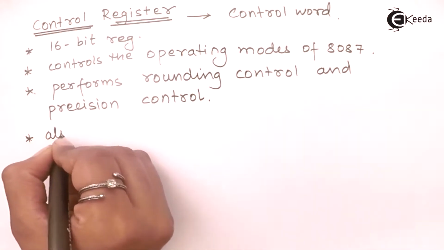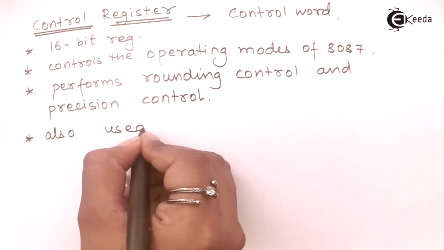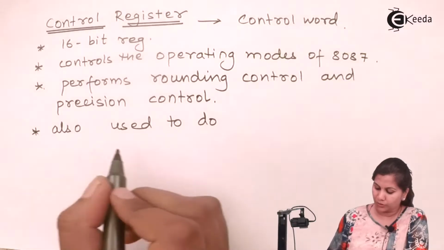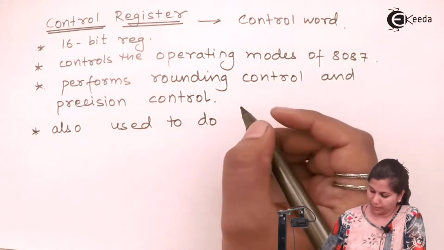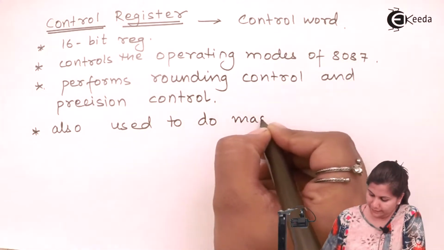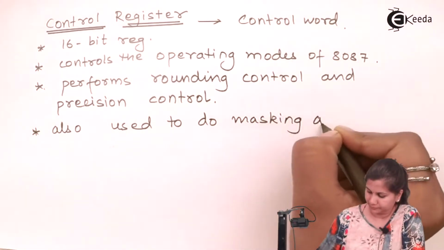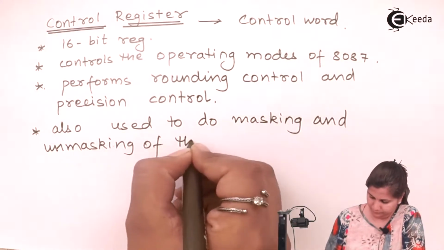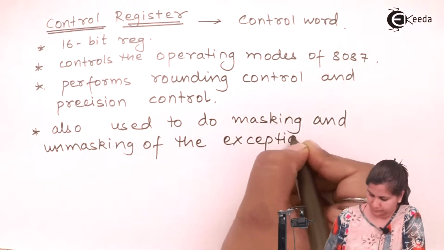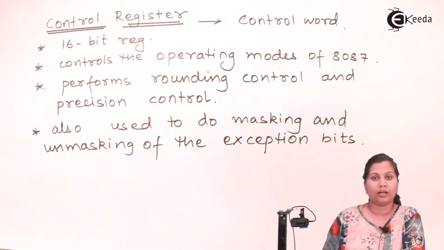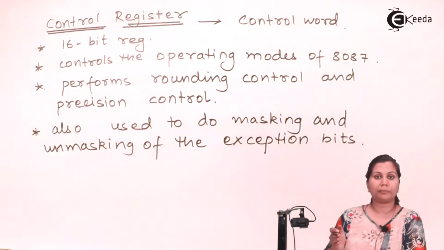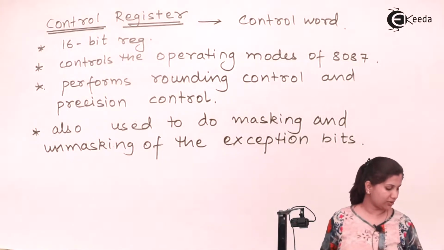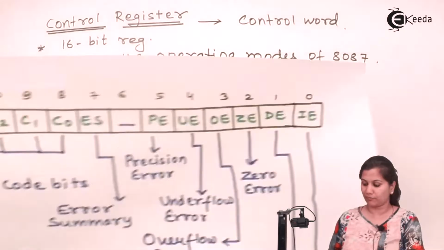Also, it is used to mask and unmask the interrupts. So it is also used to do masking and unmasking of the exception flags. And these exception bits which were present in the status register, we have seen that in the status register we were having the exception flags.